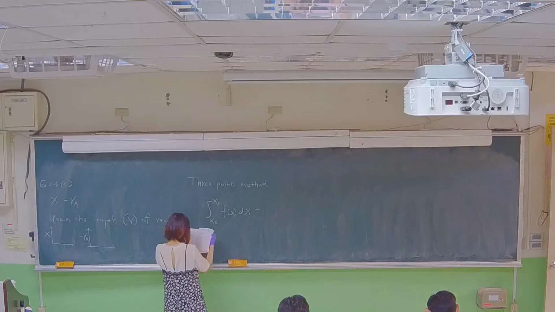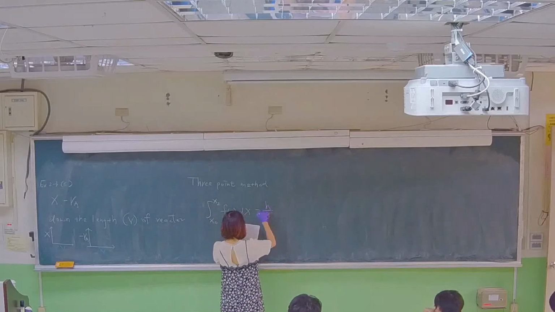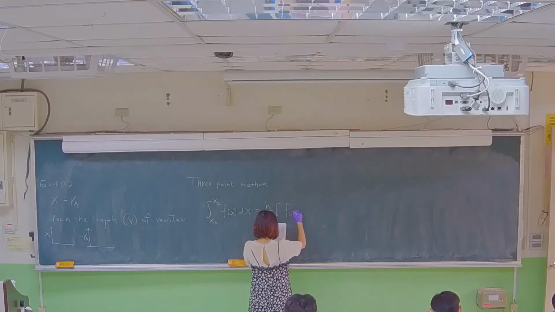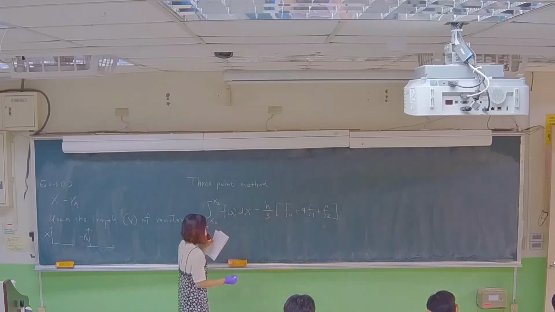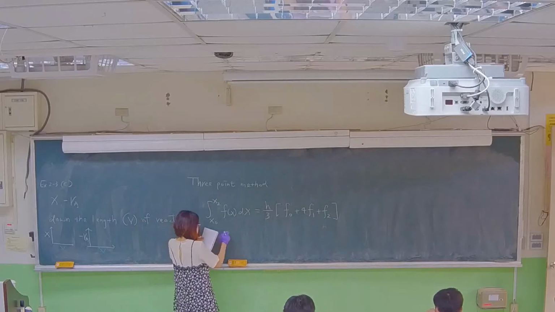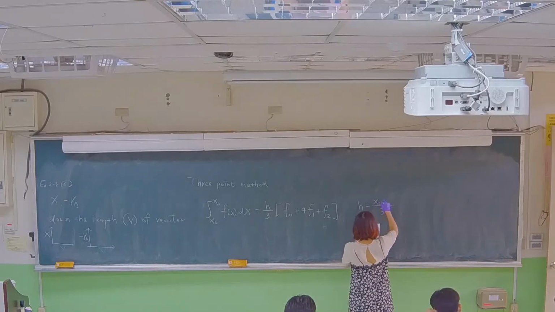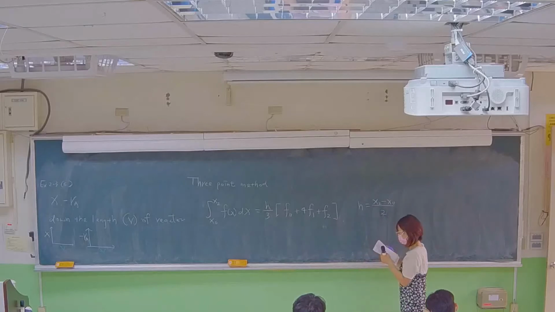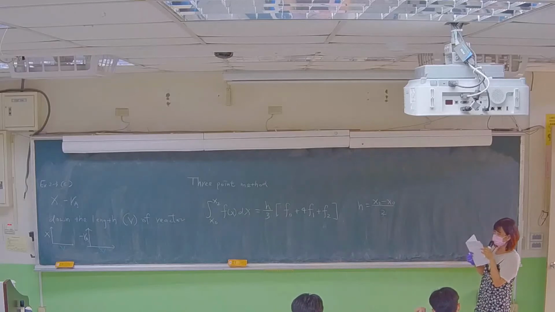And then you have H equal to this one. That is the 3-point method.